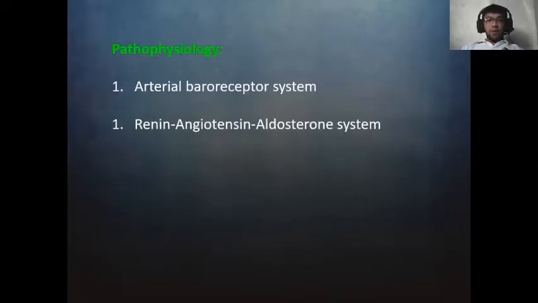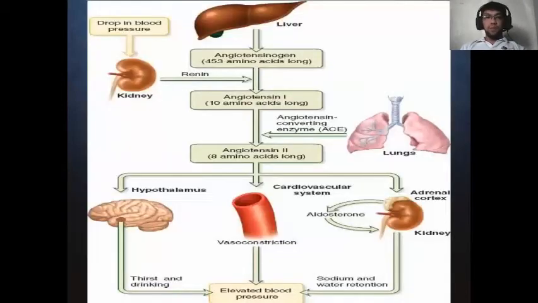Now, the pathophysiology. We have number one, the arterial baroreceptor system. Number two, the renin angiotensin aldosterone system, or the RAAS. So here we go regarding the pathophysiology of the renin angiotensin aldosterone system. Now we start out with the drop in the blood pressure. If there is a drop in the blood pressure, one of the functions of the kidney is to release renin.